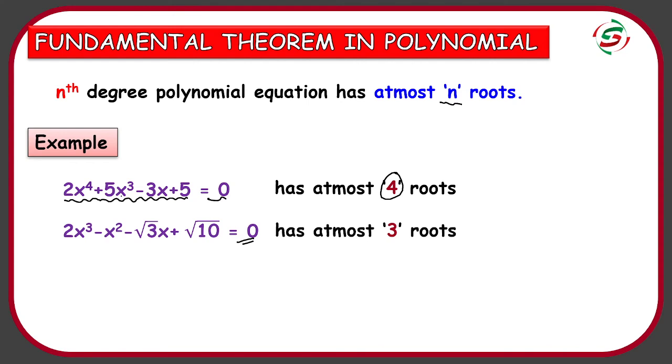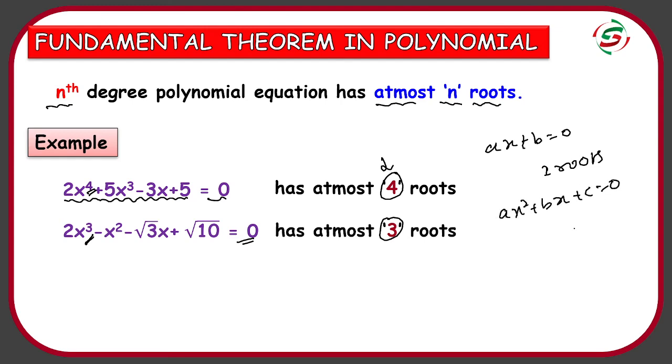So from this you can understand that an nth degree polynomial equation has at most n roots, not more than n. If it is a cubic, it may have 3 roots. If it is a biquadratic equation, you have 4 roots. If it is a linear equation, you have 1 root. If it is a quadratic equation, it has maximum 2 roots.